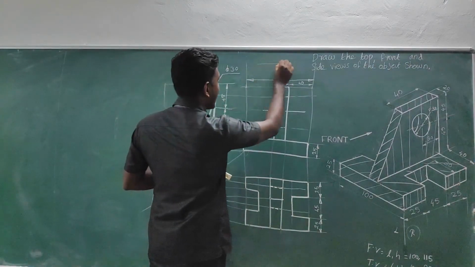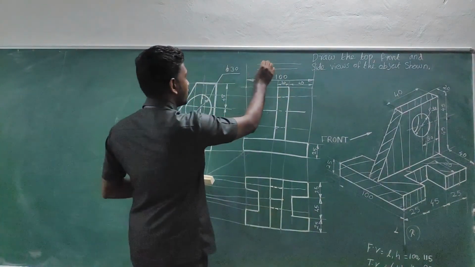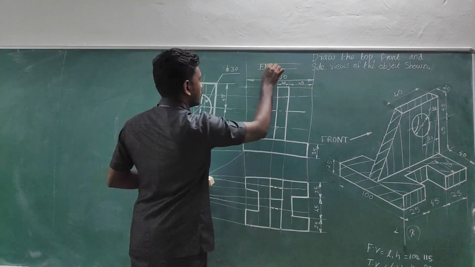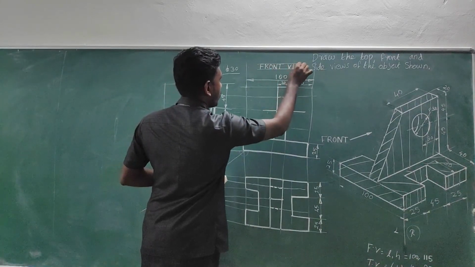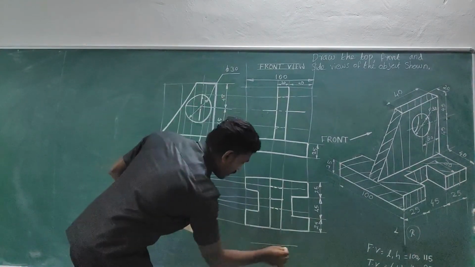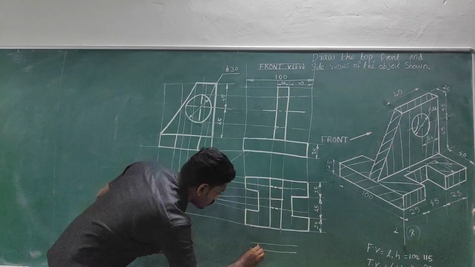Above the front view, just have a guideline and write front view. Front view. And here is the top view. So below it, draw a guideline and write top view.